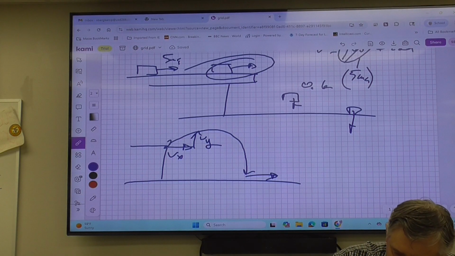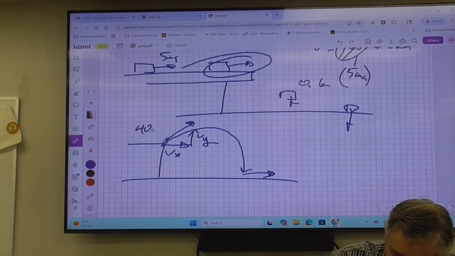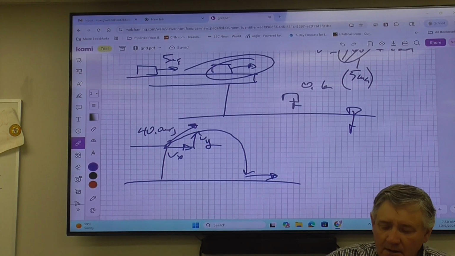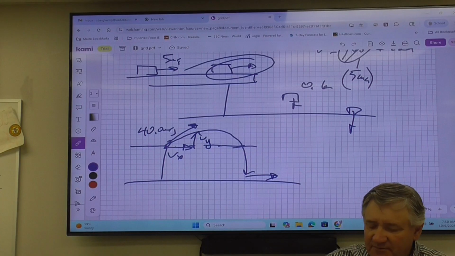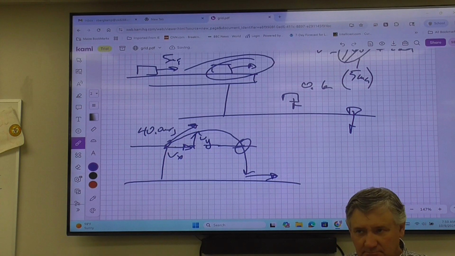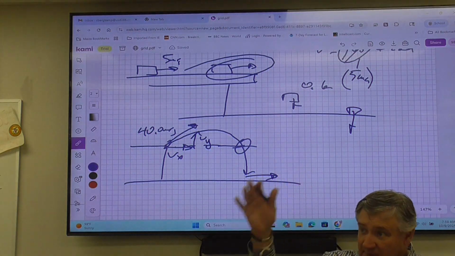It's launched with a speed of 40 meters per second. That's pretty fast. Now, if, and this is a huge if, it landed back over here, what would be the speed there? 40, because it's symmetrical.